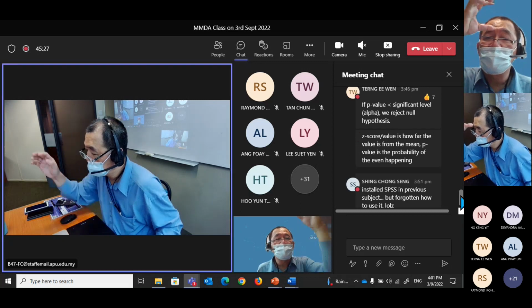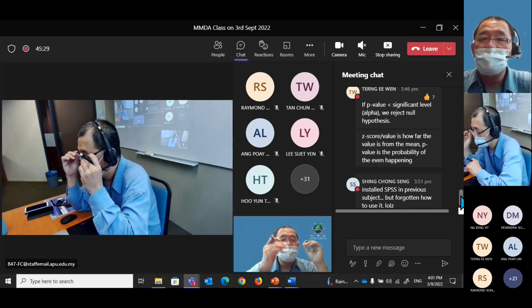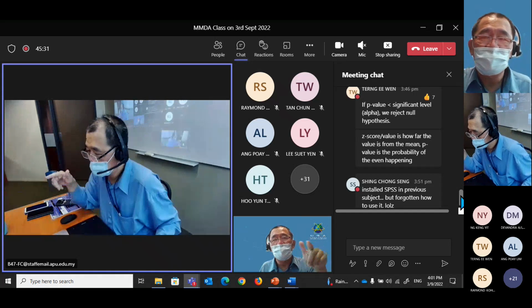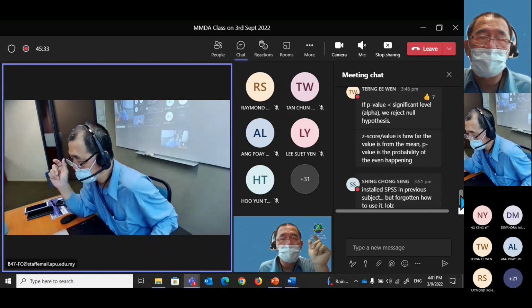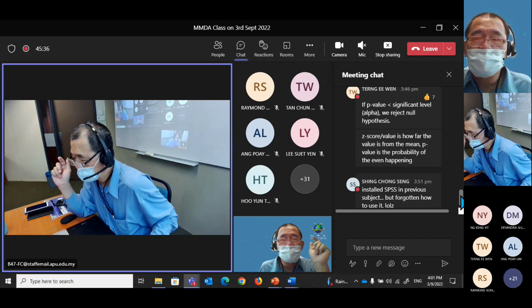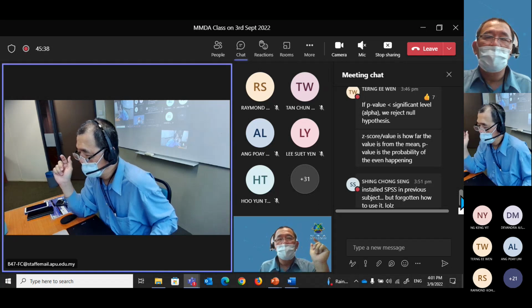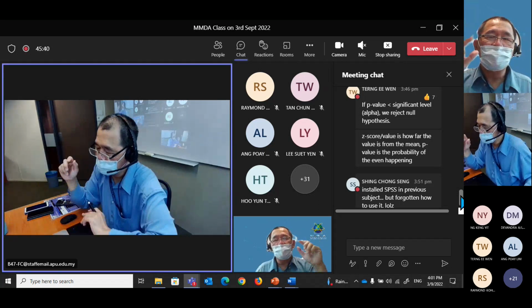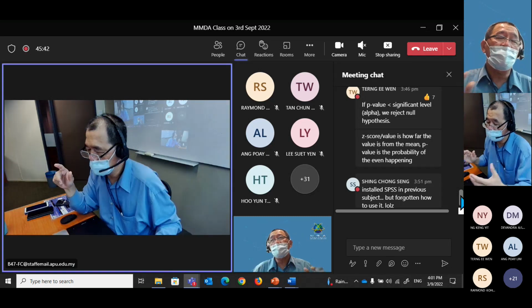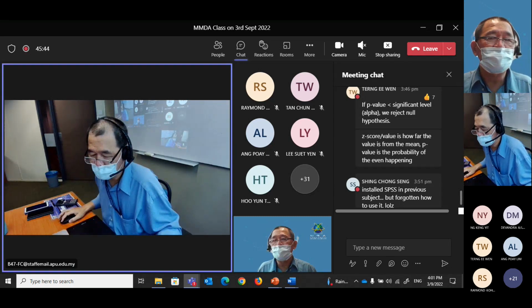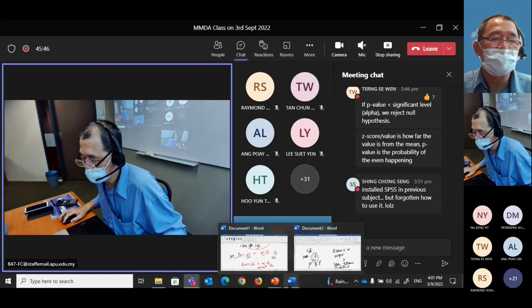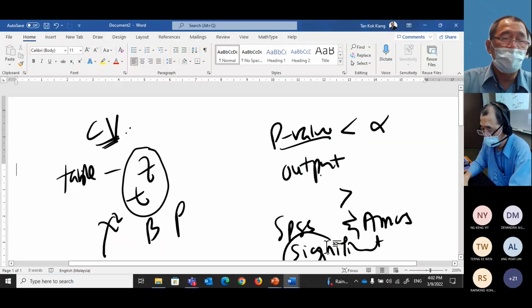This Z score is how far the value is from the mean. I assume here you're mentioning the test statistic. It's not only how far, it also considers the standard deviation and the sample size. You see the formula?